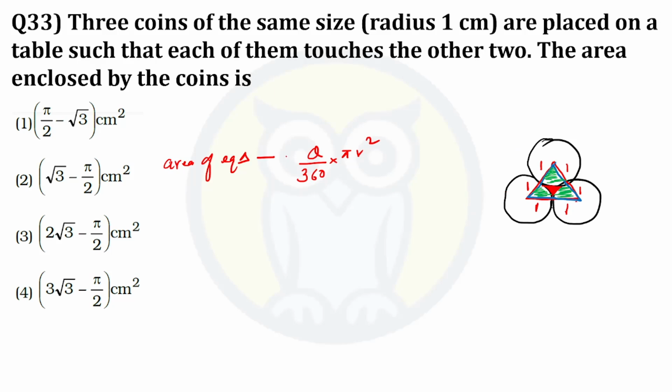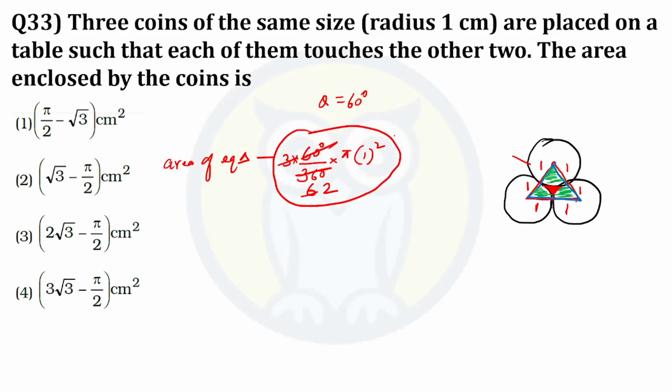Theta is not given in the question, but since it is an equilateral triangle, each angle is 60 degrees. So 60 degree by 360 degree cancels to 1 by 6, and 3 times that is 1 by 2. The radius is 1, so r square is 1 square, which is 1. So the sectors give pi by 2.